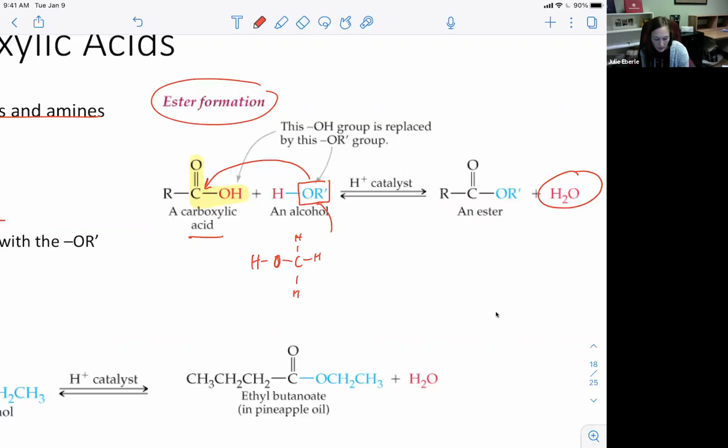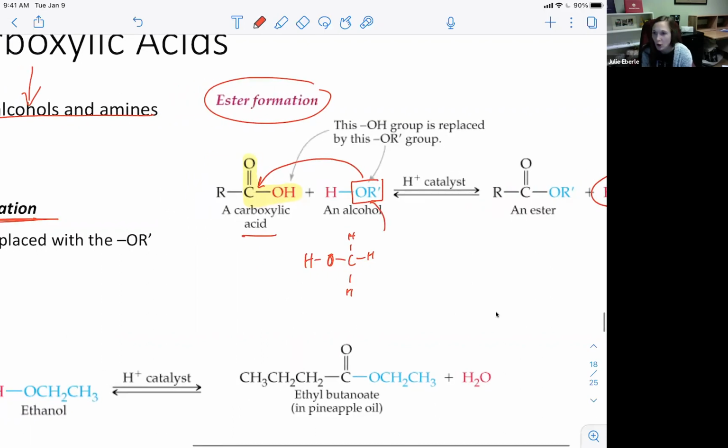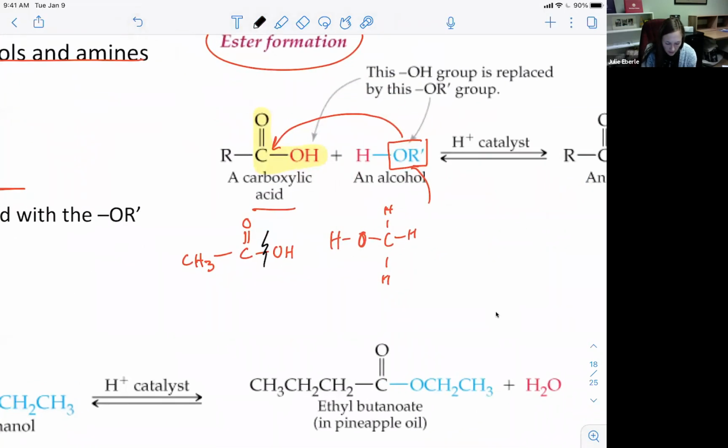So for example, if our alcohol is methanol, and then we just have simple acetic acid here, CH3, and then here's our carboxyl group, OH. What bonds break and what comes together? I'm going to draw this out slowly. This bond right here, that breaks. And this bond right here, that breaks.